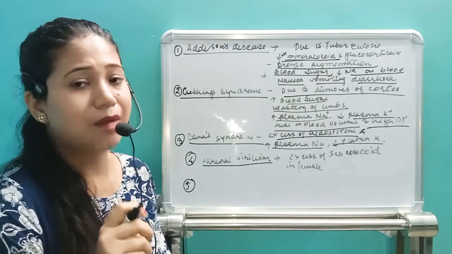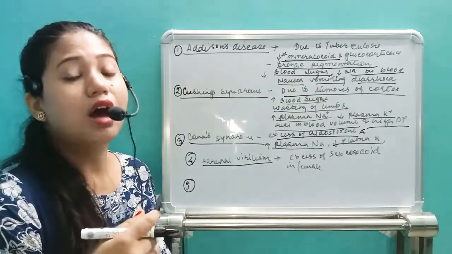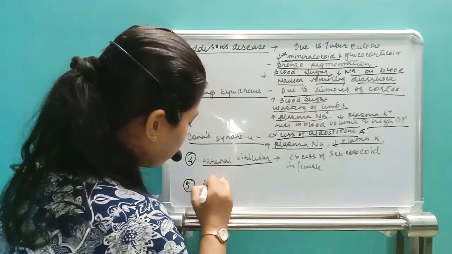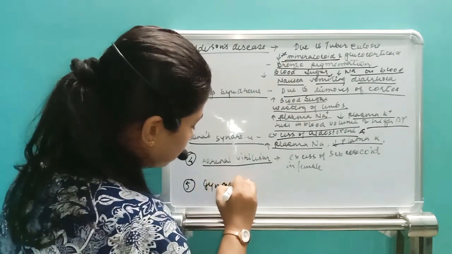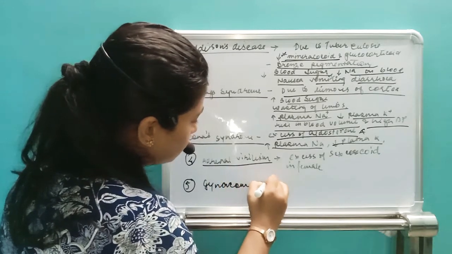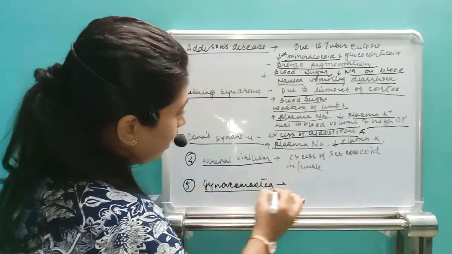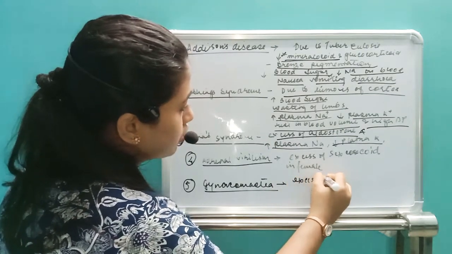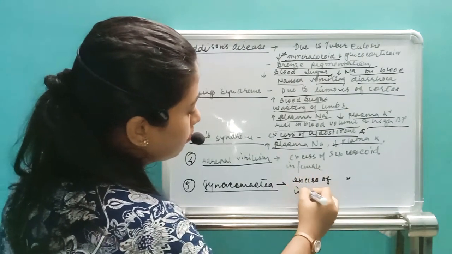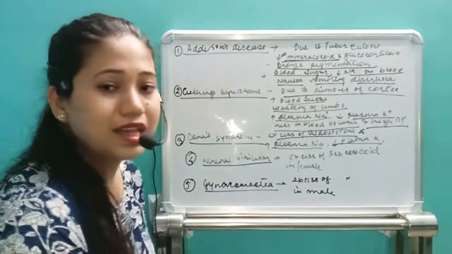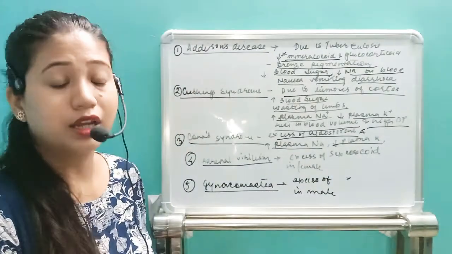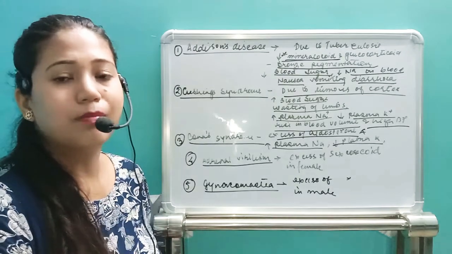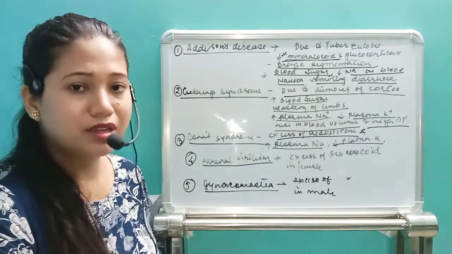If the same condition happens in the male, then more and more estrogen and progesterone will be released, and there will be a condition called gynecomastia. So what is gynecomastia? This condition appears in males due to the excess release of sex corticoids, which can lead to more development of the mammary gland in males.